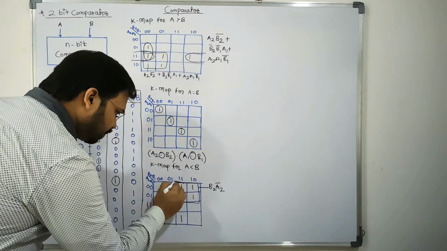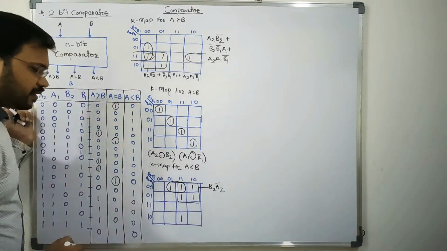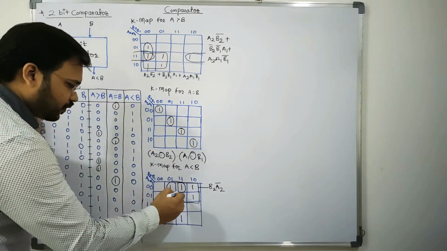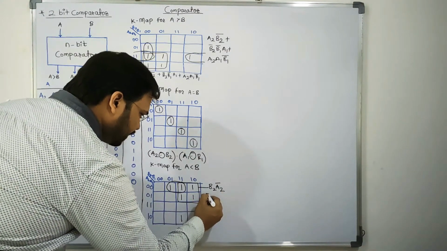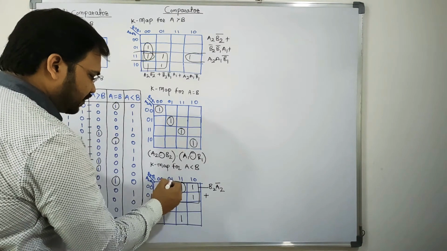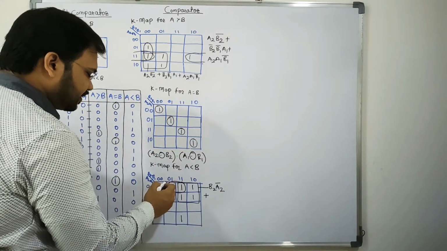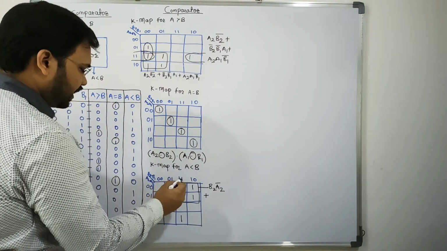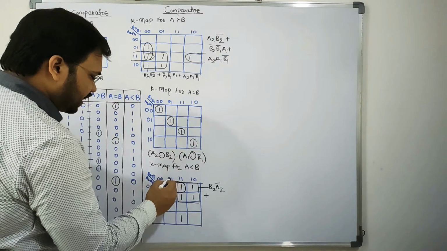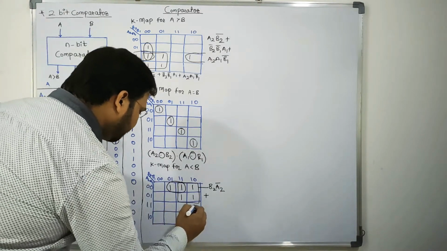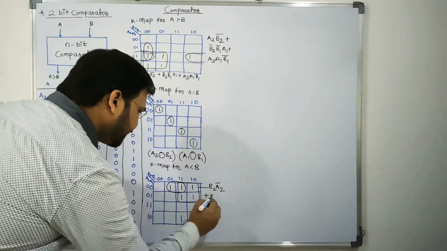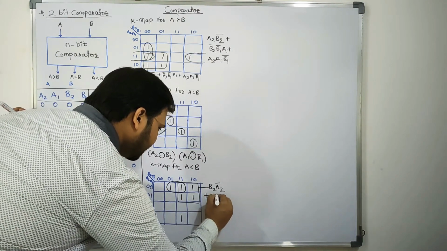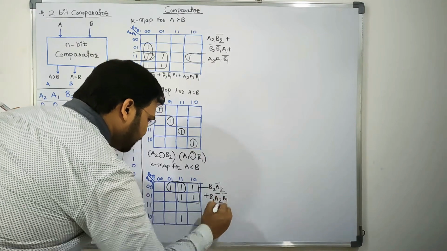Next, the pair. If you go for a pair in this adjacent, for this pair we have the equation plus equation 0 1 1 1, so here leftmost that 1, so it is B1 and A2 bar A1 bar.